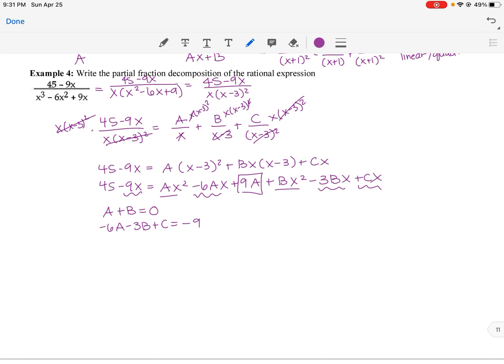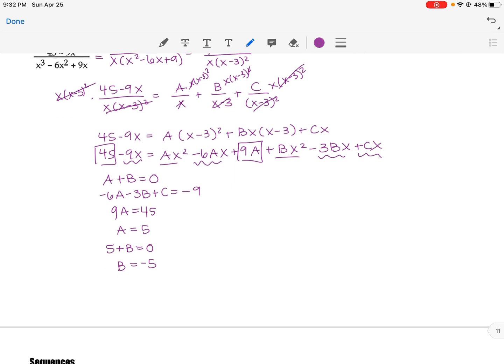And then we've got that 9a equals 45. So a is a great place to start. A equals 5. If a equals 5, a plus b equals 0, b has to be a negative 5. Last but not least, let's plug it in at the bottom. So negative 6 times 5 minus 3 times a negative 5 plus c equals a negative 9.